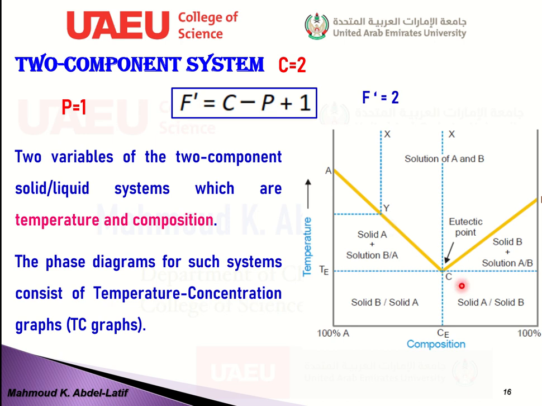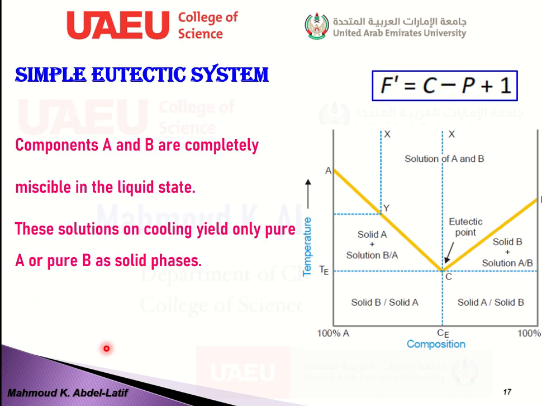This point is called the eutectic point. It's the lowest temperature of a mixture between A and B. So it's called a T-C graph, or temperature-concentration graph. This is a simple eutectic system, our system for today's experiment.